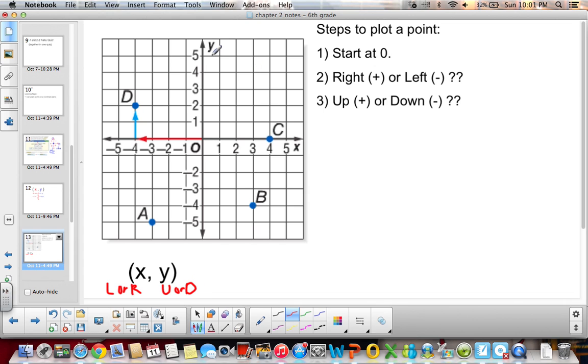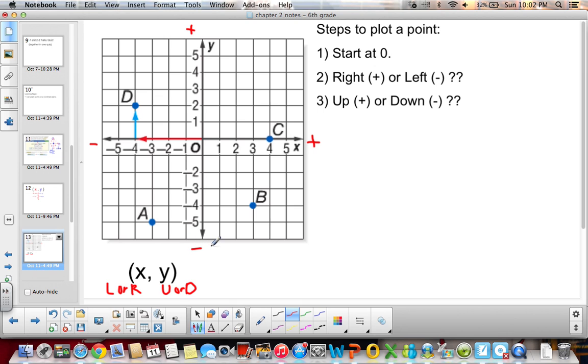Okay, so here's my coordinate plane again, or here's a grid. Here's my x-axis, and here's my y-axis. Okay, this side over here, for us to remember, is positive. This is positive. This is negative, and this is negative.